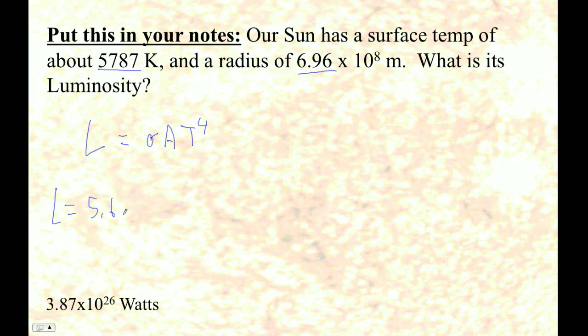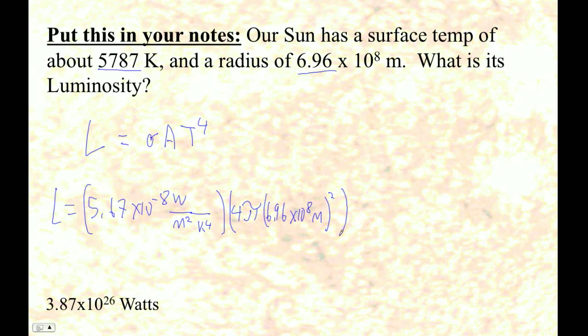So this is going to equal 5.67 times 10 to the minus 8th watts per meter squared, and it's got to also be kelvin to the 4th, so the units work out. Then we multiply that by 4 pi, and our radius is 6.96 times 10 to the 8th meters, squared.